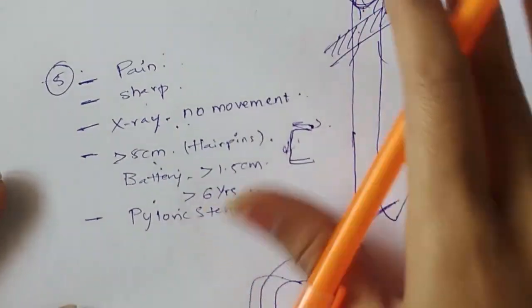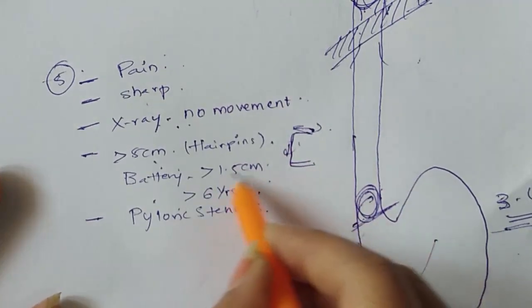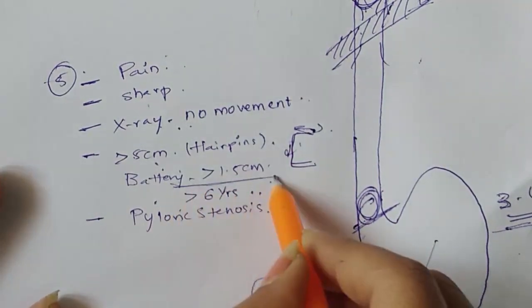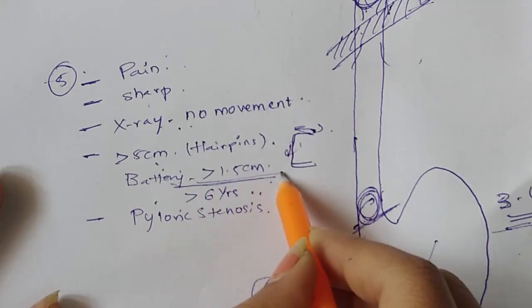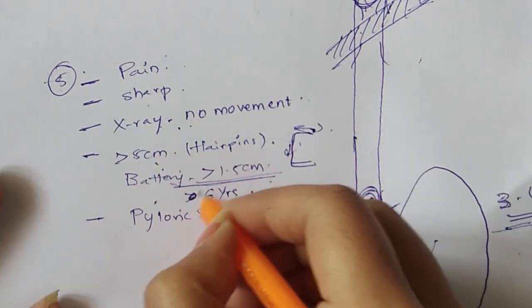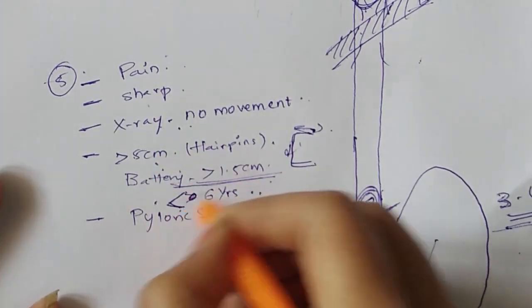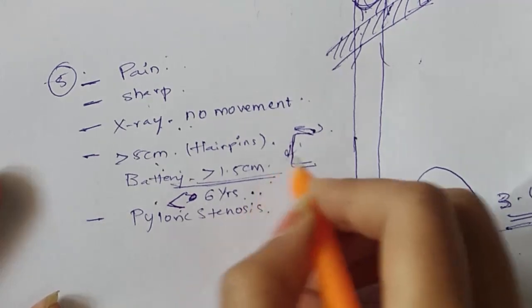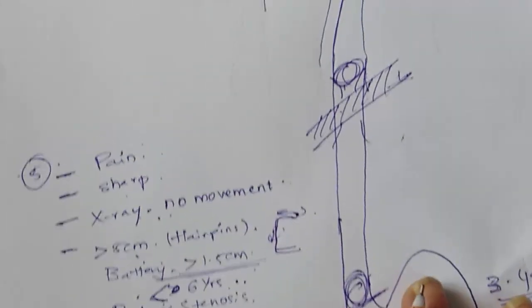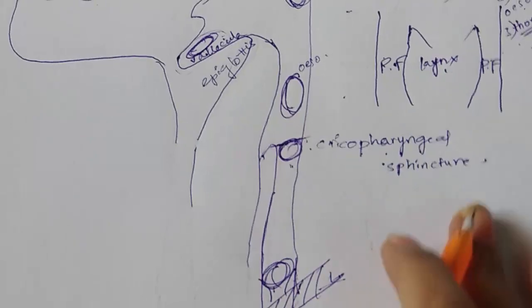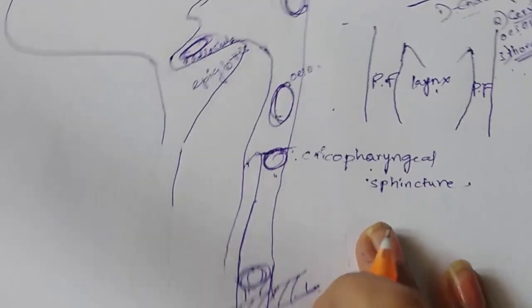We have to do surgery in those conditions. Like I have told you earlier, if the disc battery is of more than 1.5 centimeters, if children are less than 6 years of age, in these conditions we have to remove battery immediately through the surgery.